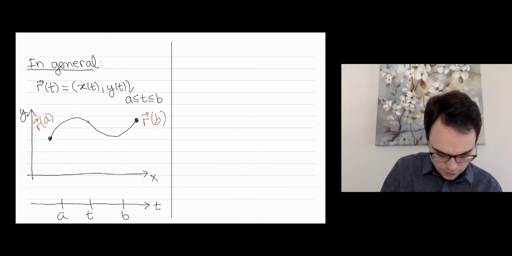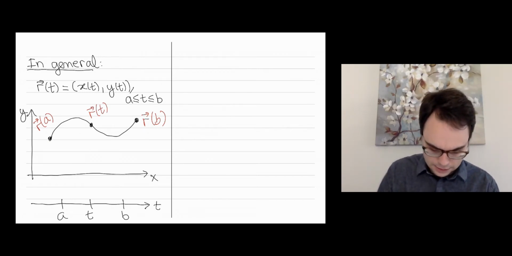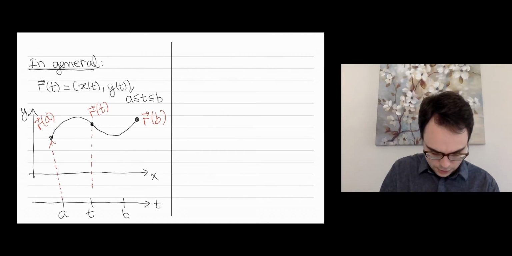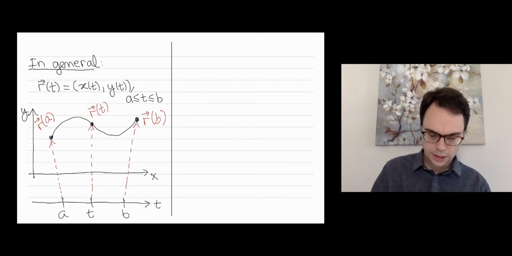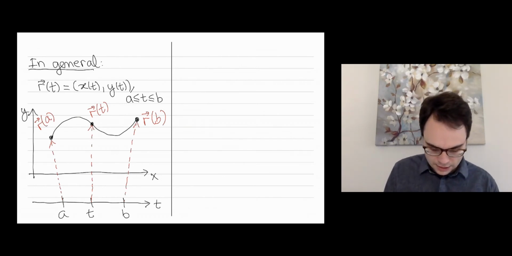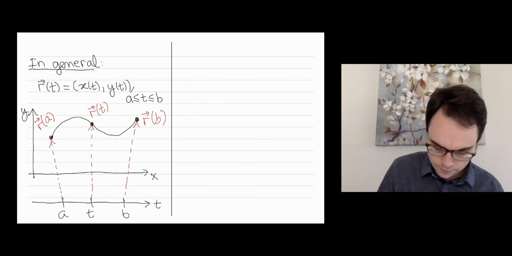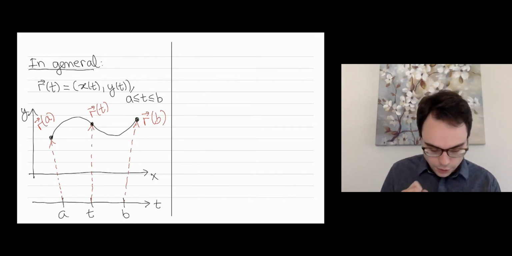And r of t is going to be something in between here. So this function sends the number a to r of a, sends t to this point in between, and b to this point at the other end. And so you see that as t increases from a to b, the point r of t traverses a curve in the xy plane.